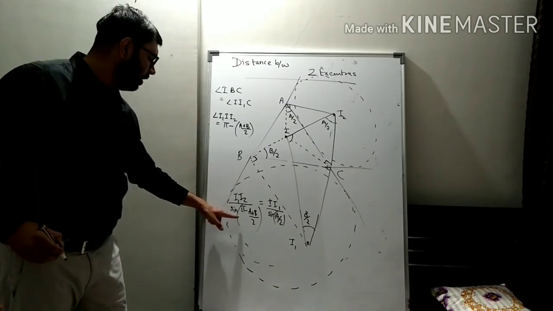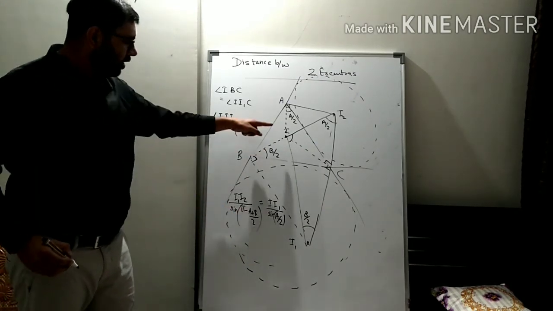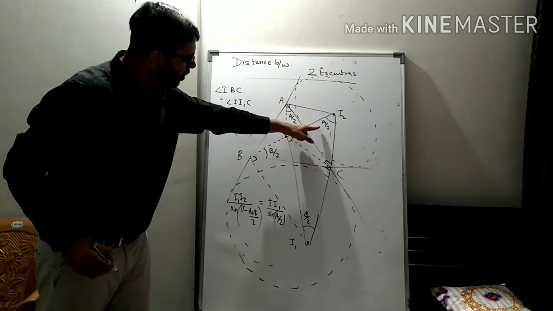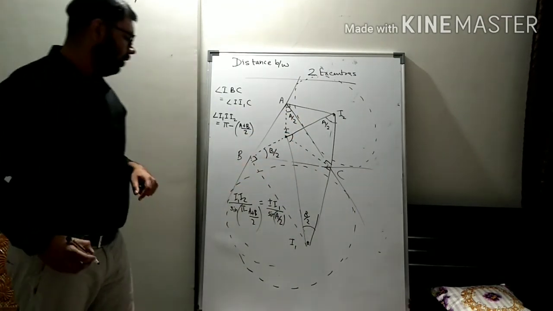So I1 I2 upon sine of pi minus (A plus B) by 2 is equal to I1 upon sine of A by 2.